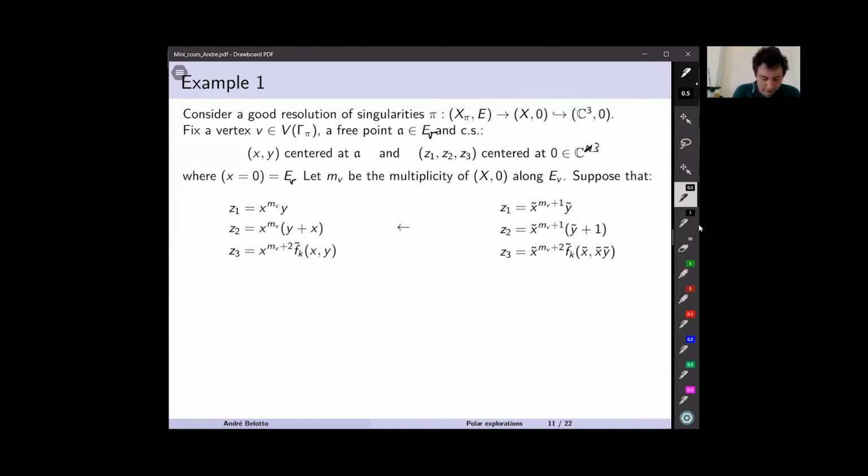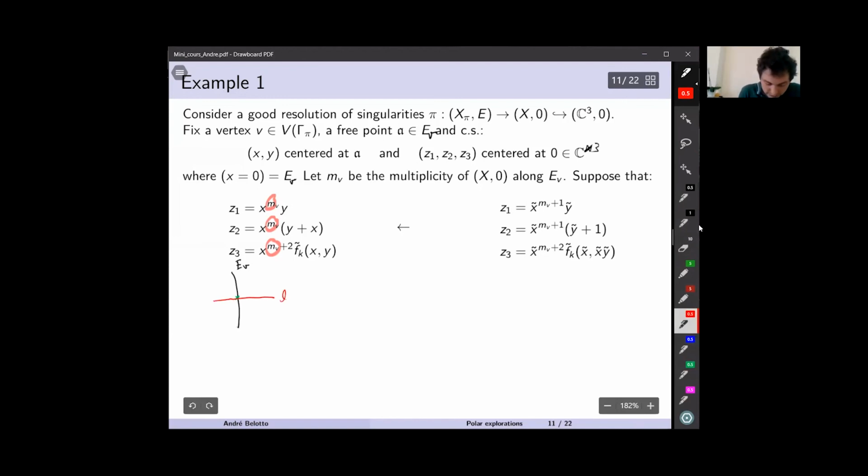Here, if we look at this, we take our point A. Then what are the hyperplane sections? The hyperplane section is going to be given in here. You see, there is the multiplicity kind of everywhere. And the first one, Z1 equals 0, is a hyperplane section.